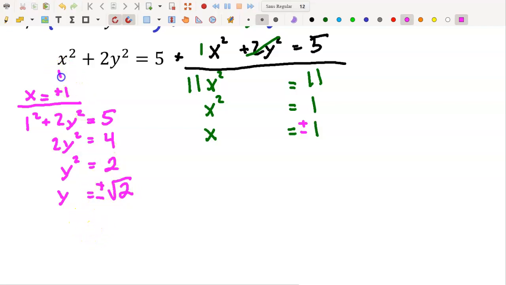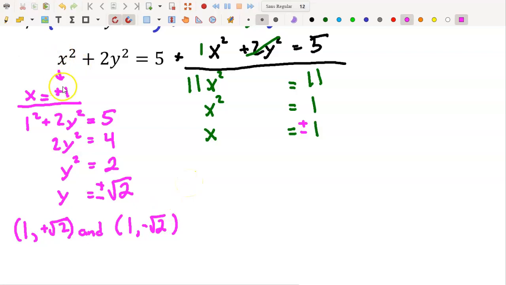So from this single x that we got here, one of 2 of the x's gave me 2 more solutions. So that leads us to having 2 solutions with x equals 1. Alright, so that one single x here is giving us both a positive √2 and a negative √2. And we're only halfway done.